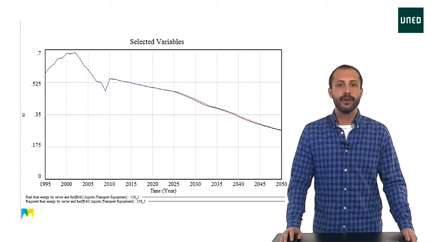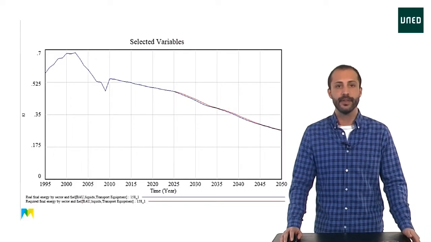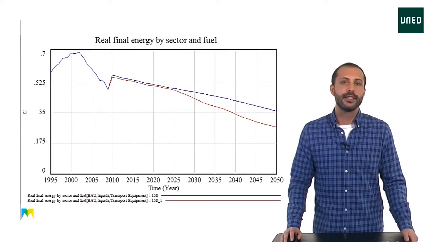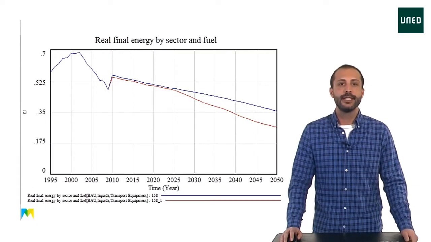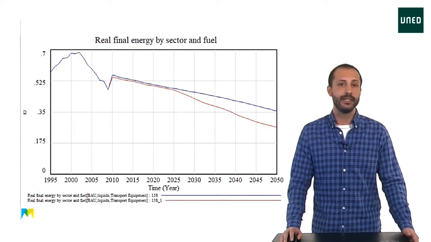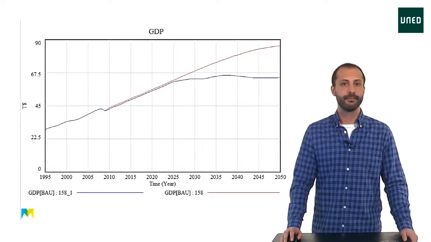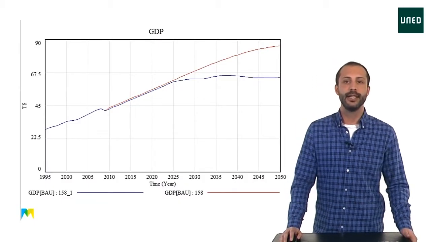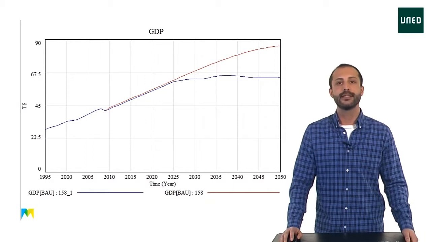We see that the supply of liquids doesn't systematically match demand for this scenario. As a consequence, the energy actually consumed is lower than expected, and therefore output is reduced from its expected trend. As a result, GDP suffers a slowdown in the next period and the following years.